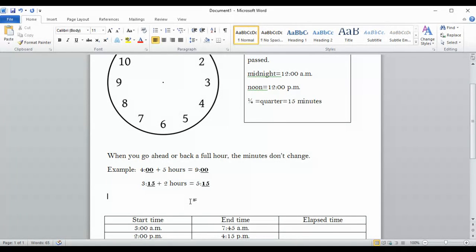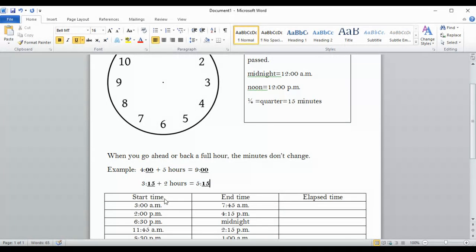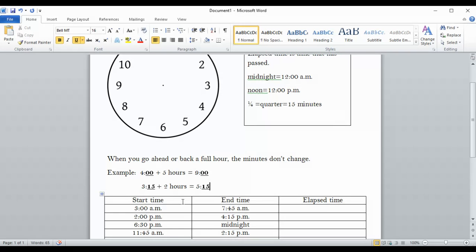So I'm going to see if I can get this chart up here a little bit. So here's our little chart, and this is going to be similar to your assignment. You're going to have a start time and an end time, and then you have to figure out the elapsed time.